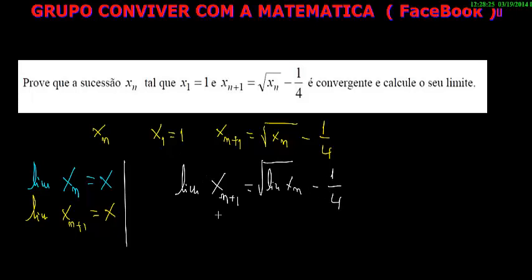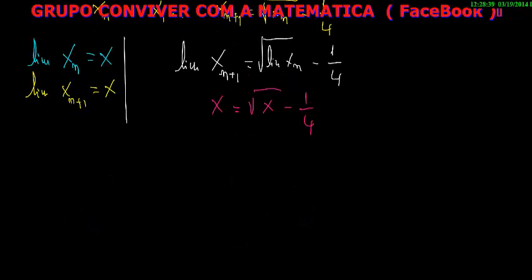If I take this limit as x, it is easy to understand that I will have x equals the square root of x minus 1 over 4. And so I have here an irrational equation, and it is very simple to solve.